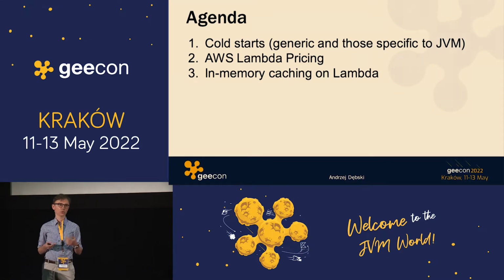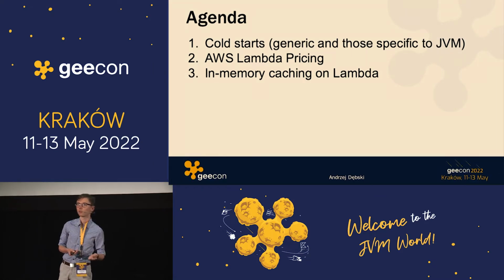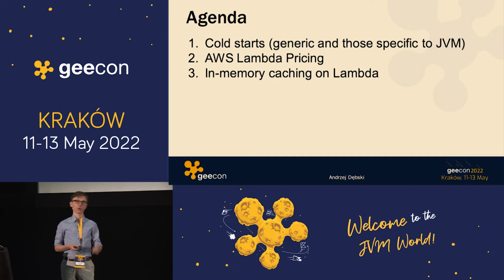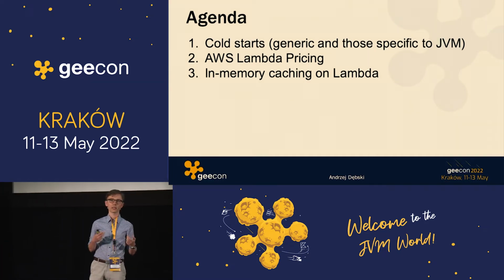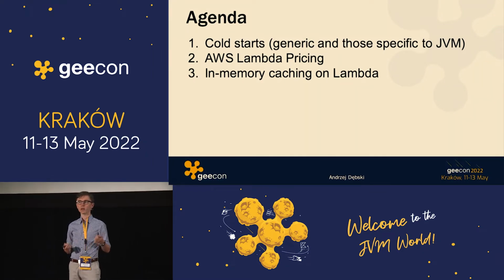And compare it to AWS Fargate so that you have an idea of when to switch to a different compute platform when the costs start ramping up. And in the last part of the presentation, I'm going to talk about in-memory caching, something that is very often done to improve the latency of our service, and why it's not as easy as it would seem if you want to do it with AWS Lambda.